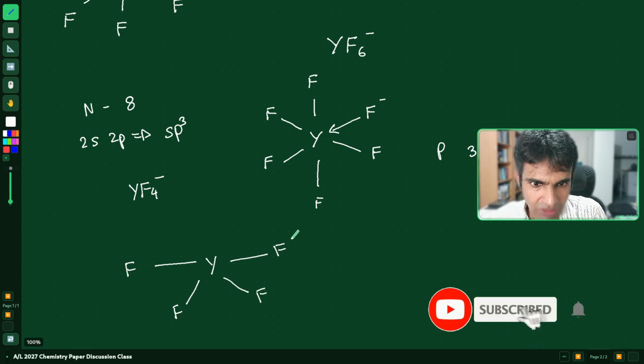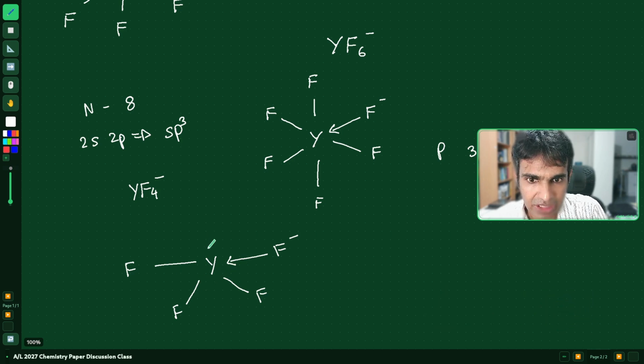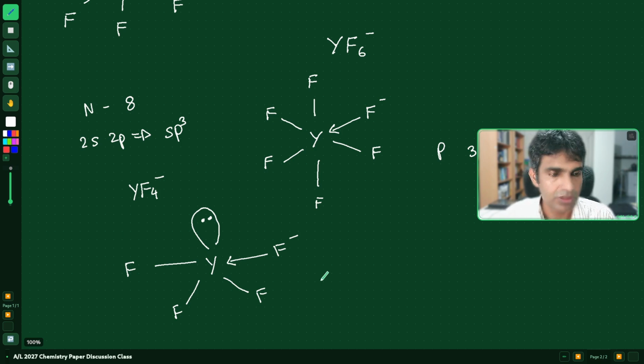Then one fluorine atom is negative. Then to obtain the seesaw shape, there must be a lone pair. As there are 10 valence electrons around the Y atom, Y cannot be nitrogen, Y must be phosphorus. So that's how you should get the answer to this question.